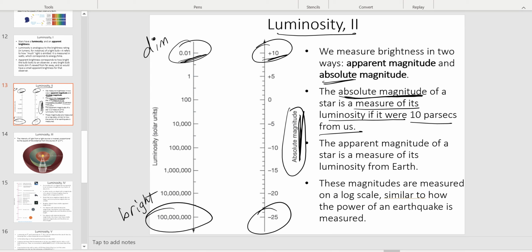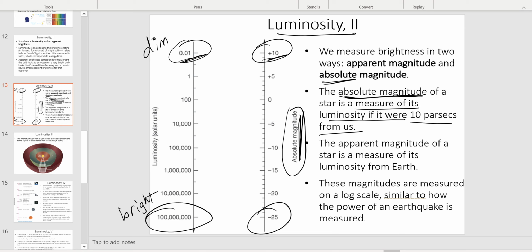Stars have very different luminosities, different actual brightnesses. What if we were to take, obviously this is impossible, but as a thought experiment, what if we were to take all the stars in the universe and line them up so they're exactly the same distance away from us, so that we can measure the brightnesses of the stars on the same level, so to speak.